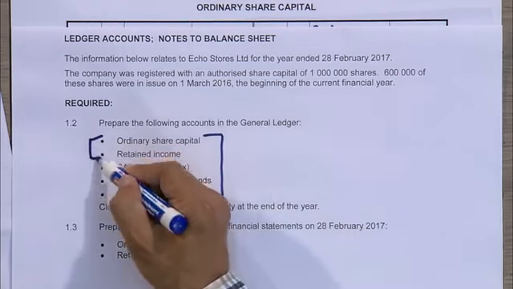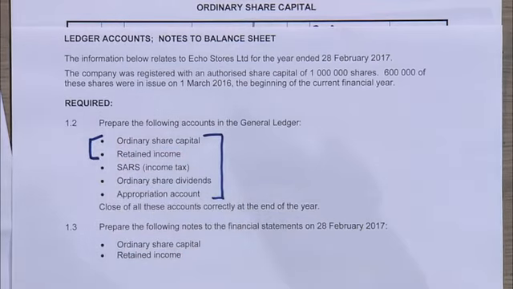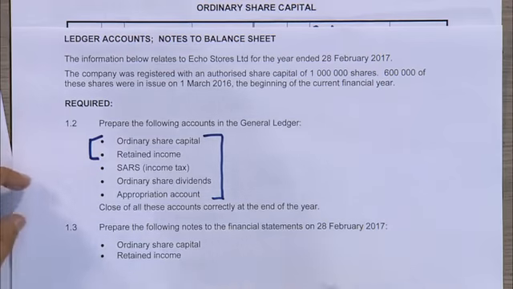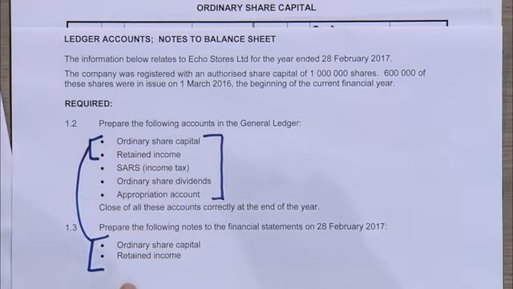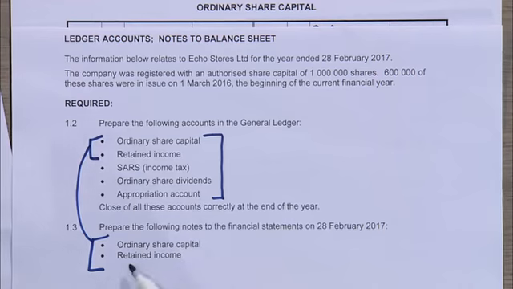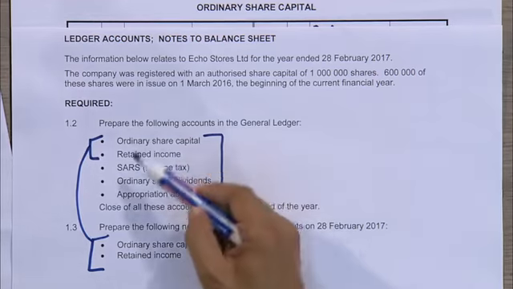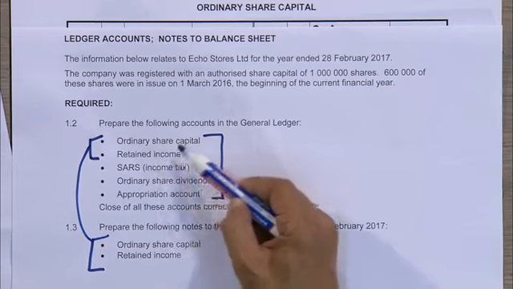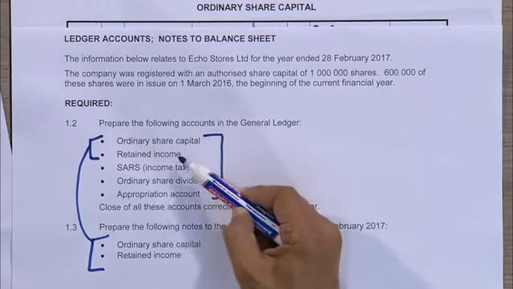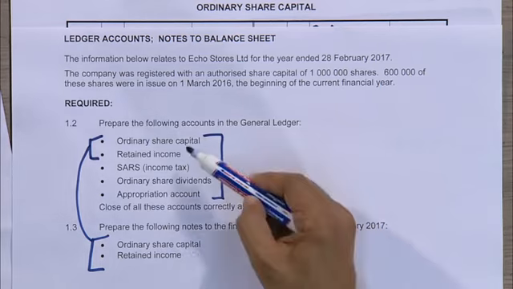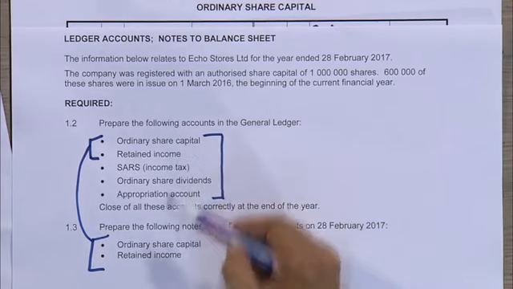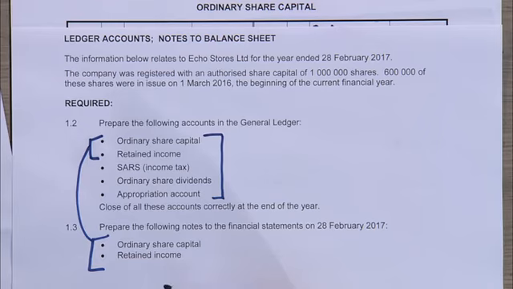Special attention needs to be paid to the first two, which are ordinary share capital and retained income, because later on they are linked to a few notes that we have to prepare when we do the balance sheet, also called ordinary share capital and retained income. So whatever balances we find in the ordinary share capital and retained income should be reflected in the ordinary share capital and retained income notes. So there will be a link between the general ledger account and the note for the financial statements.